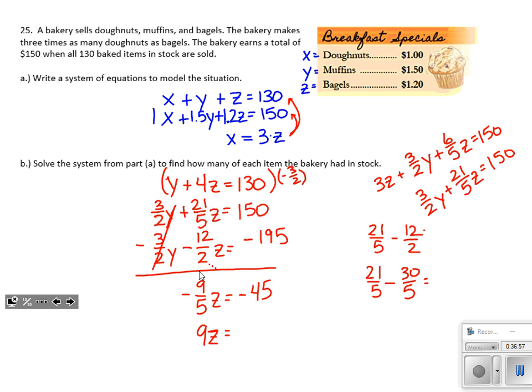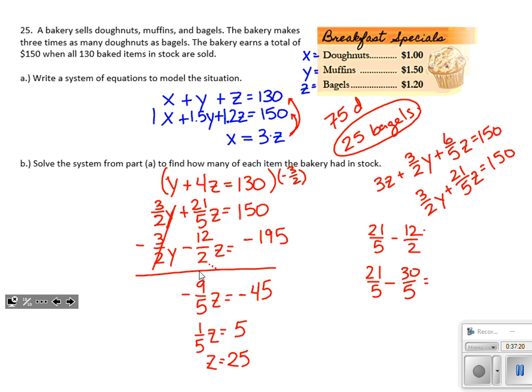Let's divide both sides by negative 9 first. Then I'd have 1/5 z equals 5. Multiply both sides by 5, z is 25. Okay, so we know we got 25 bagels. Then I know that x is 3 times z, so I know that's 75 donuts.